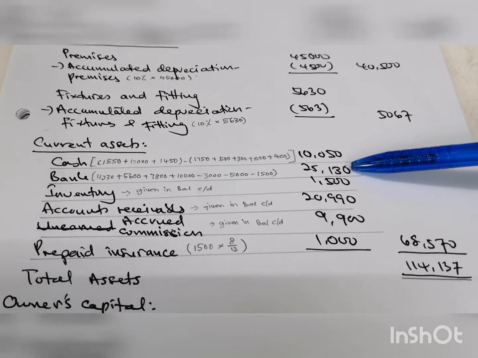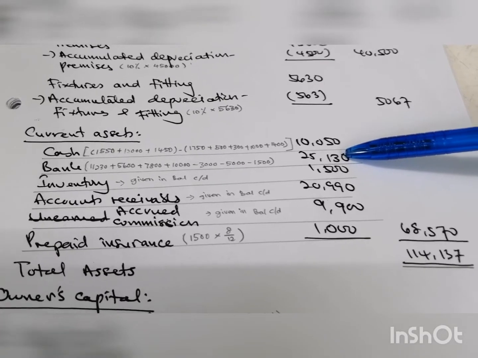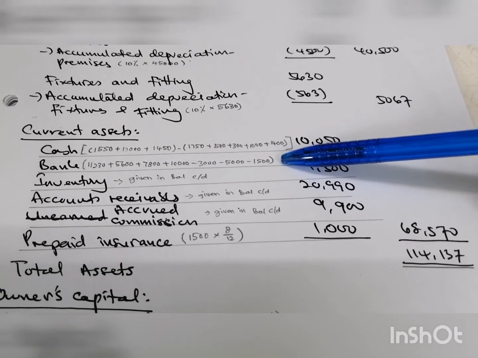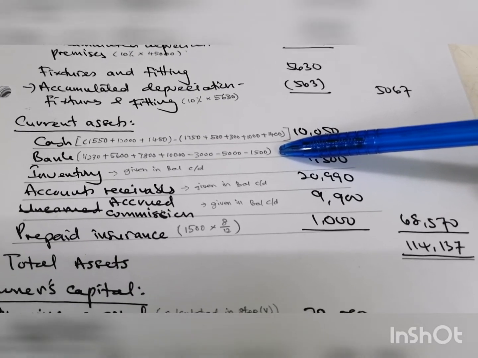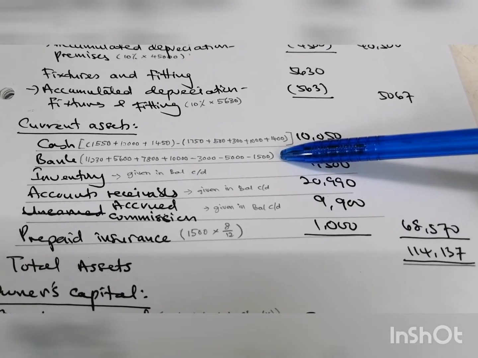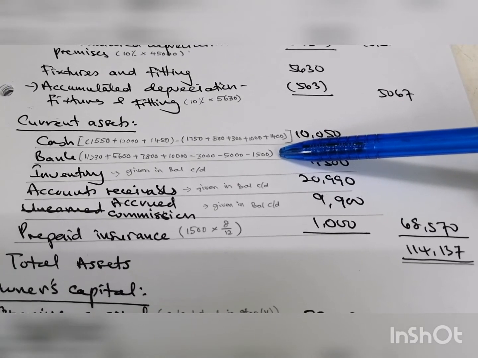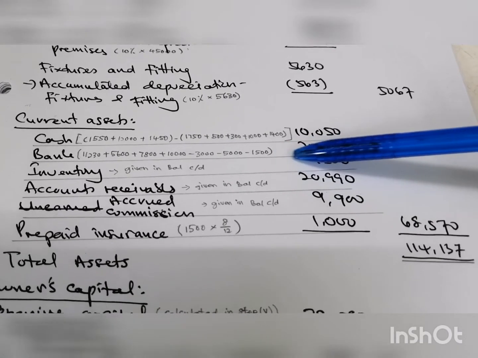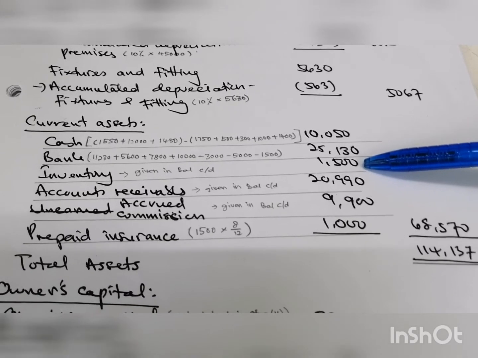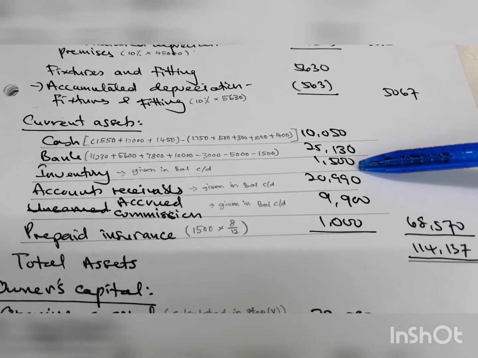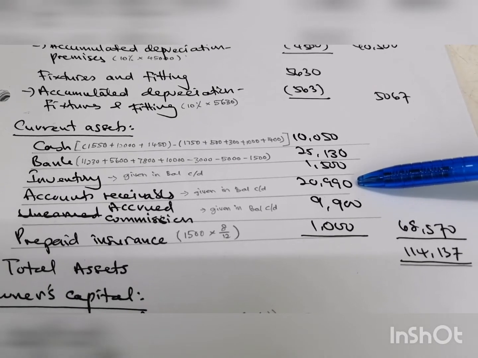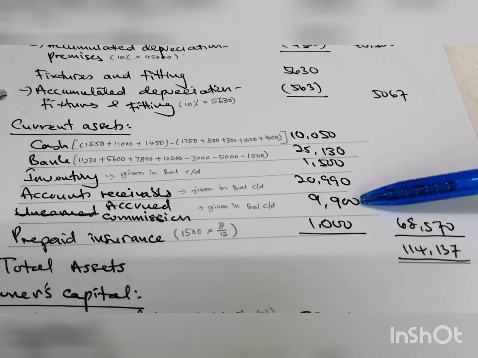For the bank, we find out from the calculation as written here: 12,230 plus 5,600 plus 7,800 plus 10,000 minus 3,000 minus 5,000 minus 1,500, and you get 25,130. For inventory, it is given in the balance carried down, 1,500. For accounts receivable, also given, 20,990.